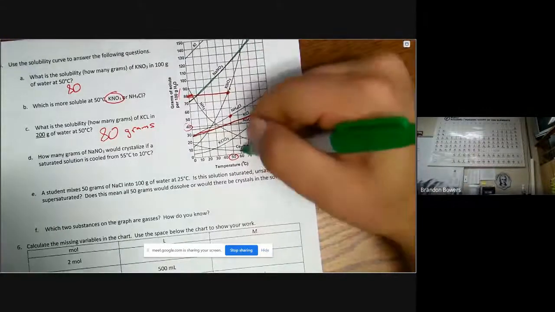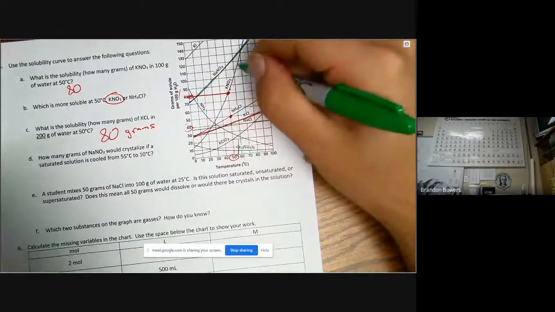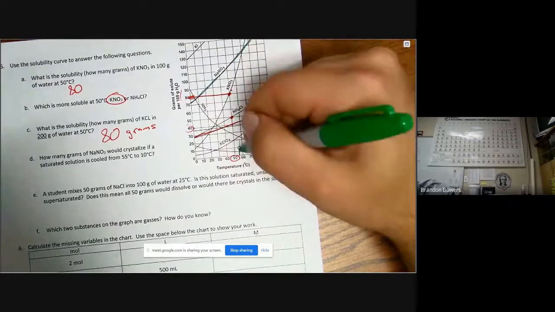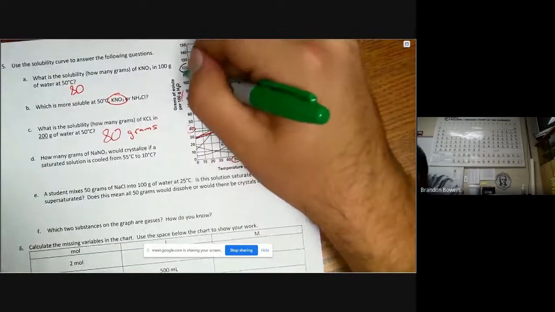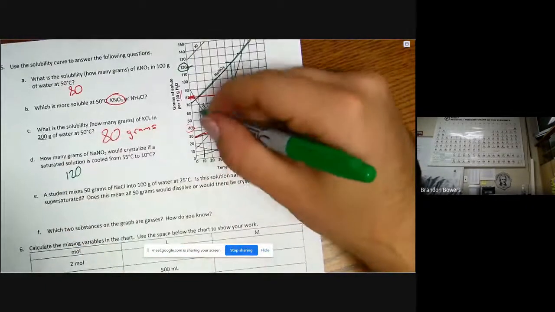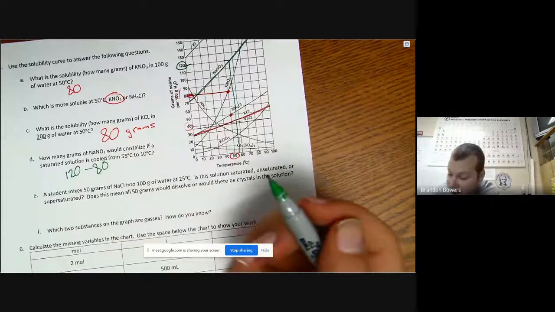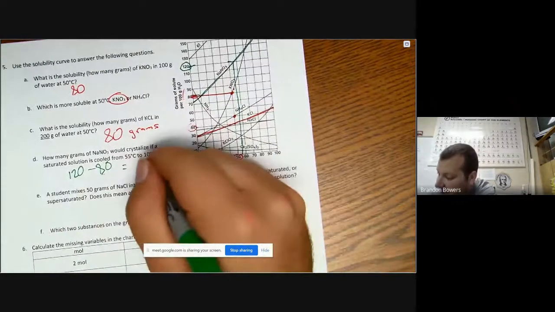So at 55 degrees, I have 120. And at 10 degrees, I have 80. So how much would crystallize? Well, I lose 40 grams at that temperature. So 40 grams would be the answer.